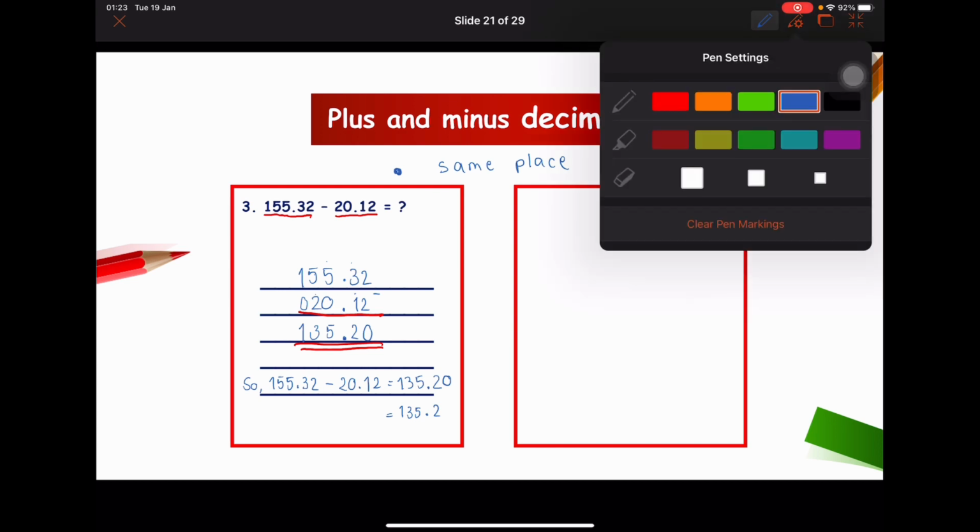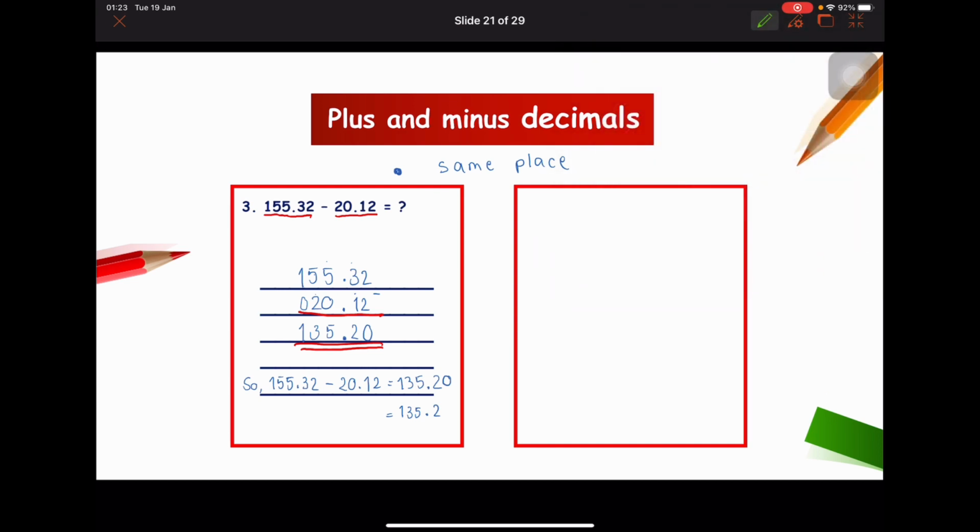Because the number 0 after the decimal point, you don't need to write. You can write only 135.2, just fine, the same.